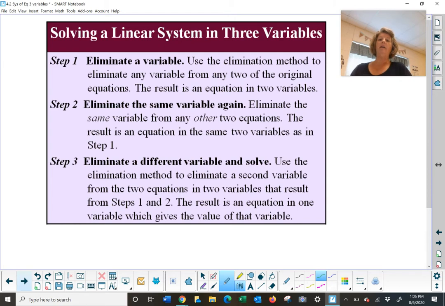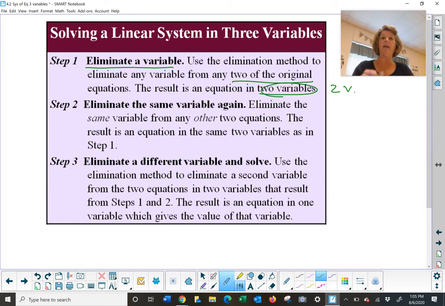When you're solving three variables, I think it's nice to get a routine, an algorithm, going. You will start by eliminating a variable. You'll use the elimination method, and you'll choose two of the original equations. You can work those two equations together, and you'll eliminate one of the three variables. That's going to leave you with a two variable equation.